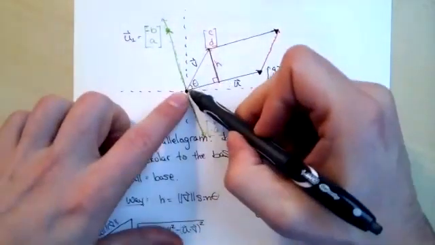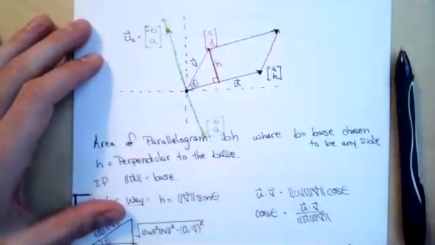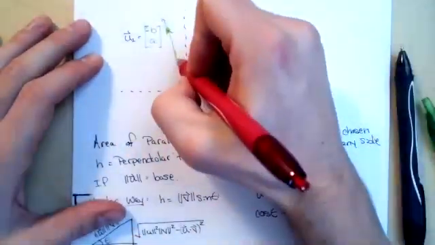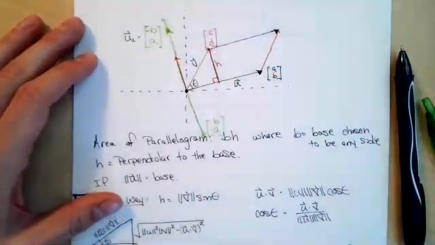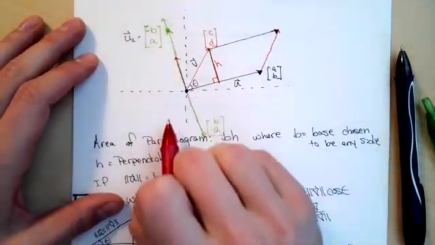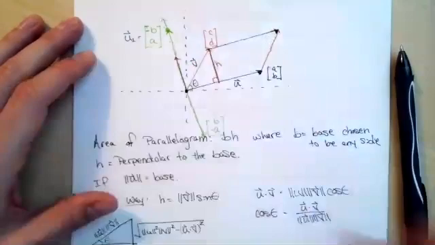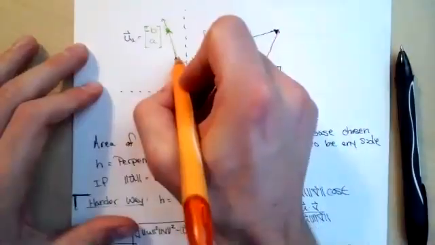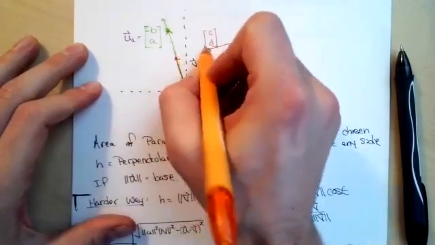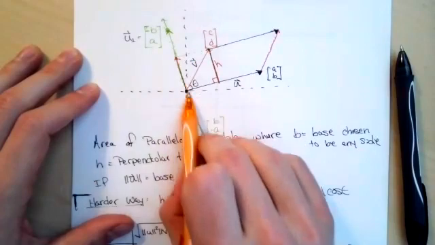What we really want is to break V down in terms of the component in the perpendicular direction of U, and then the component parallel. And we can ignore the parallel component because that doesn't contribute any more to the height. So this is going to be our H here.